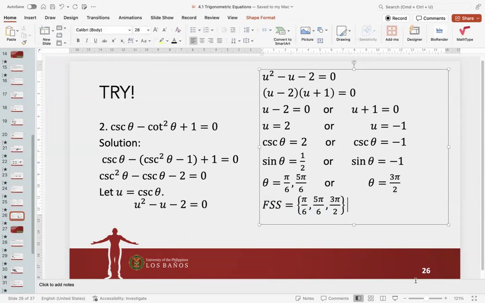And for our solution set, in case you were asked to give the solution set, again, all we need to do is to add 2 pi n. So let's just copy that to every element.